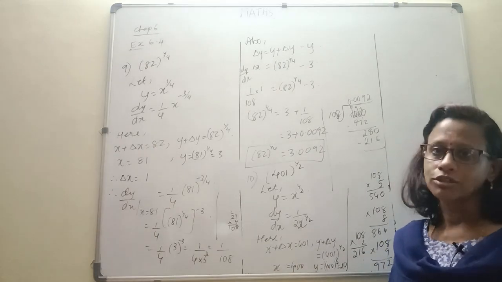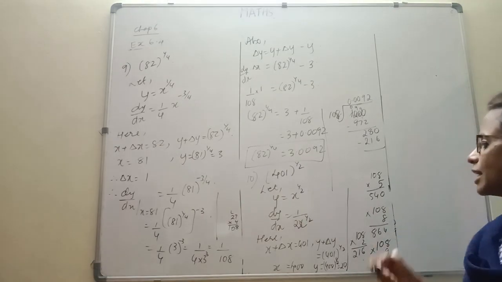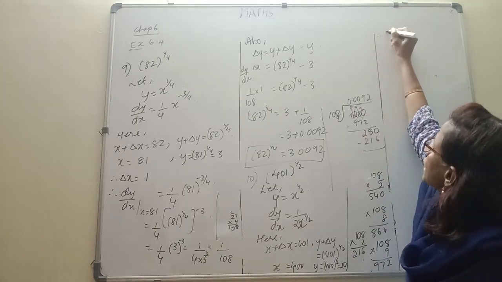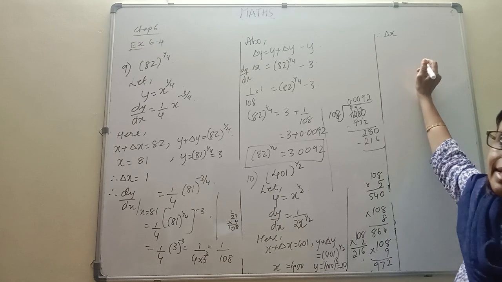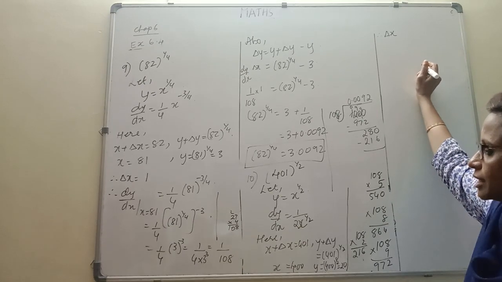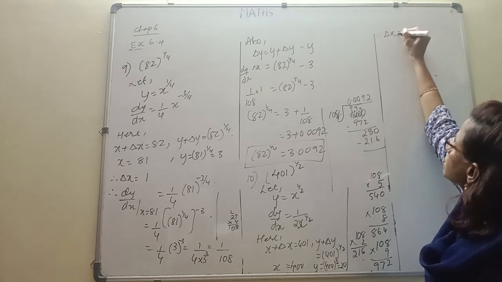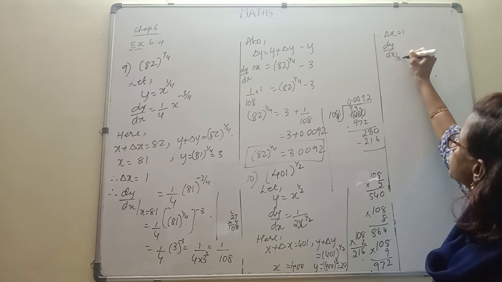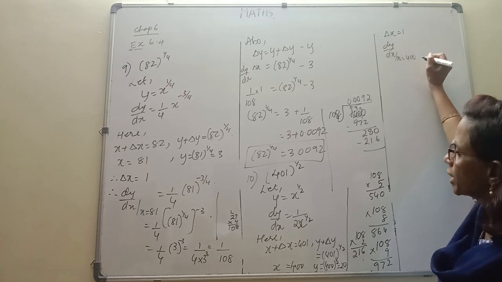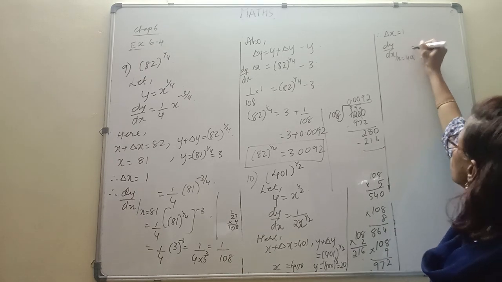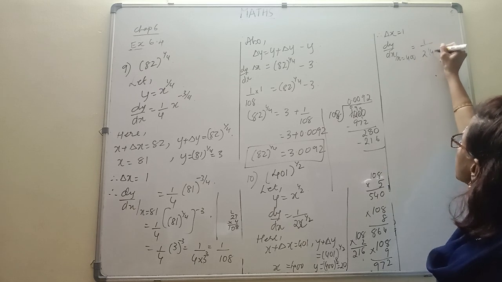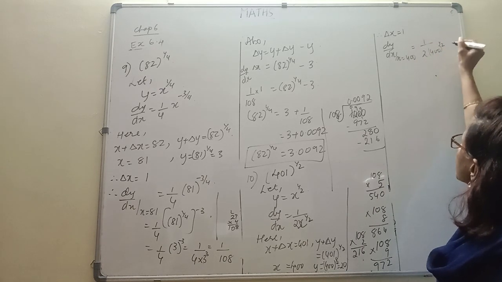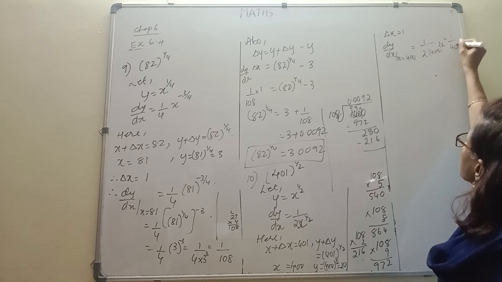That way it's very easy. Delta x is x plus delta x minus x, so 401 minus 400, that's 1. Then dy by dx at x equal to 400 is 1 by 2 into 400 raised to half, which is 20, so it comes to 1 by 40.